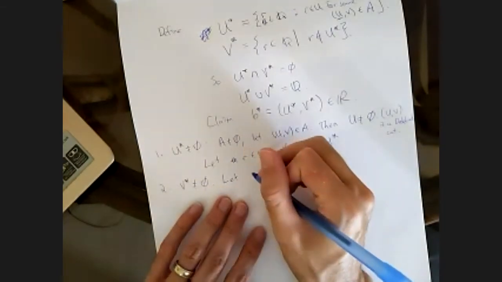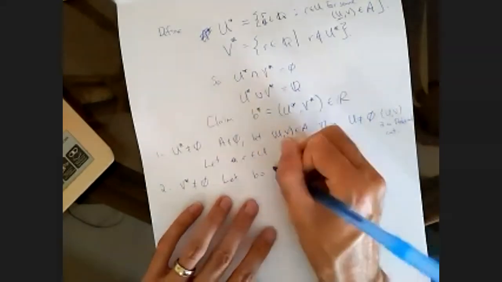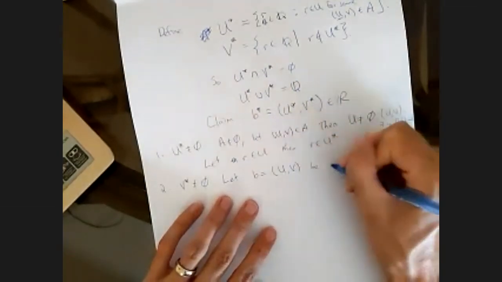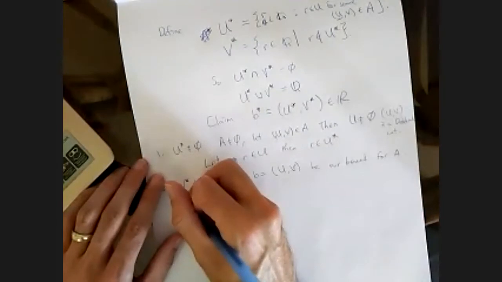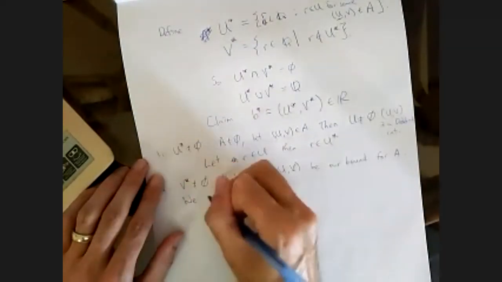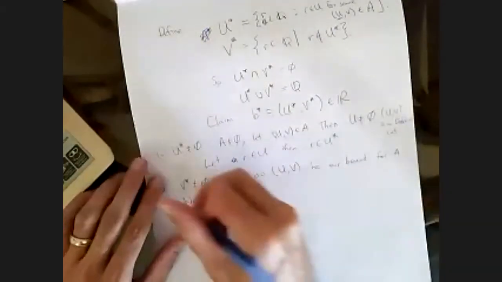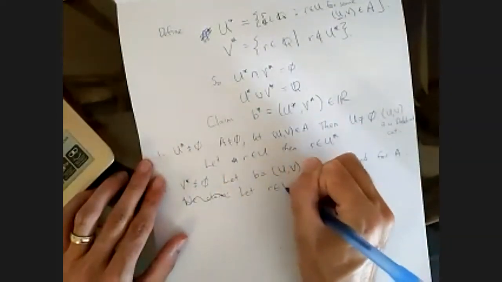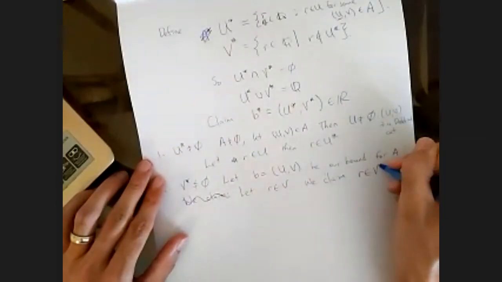So our bound we called B. So let's write that as U comma V, be our bound for A. We're going to claim that actually, so let R be in V. We claim R is in V star.